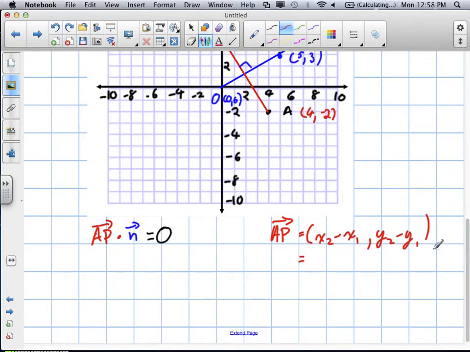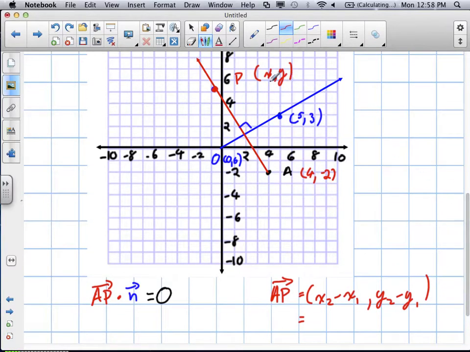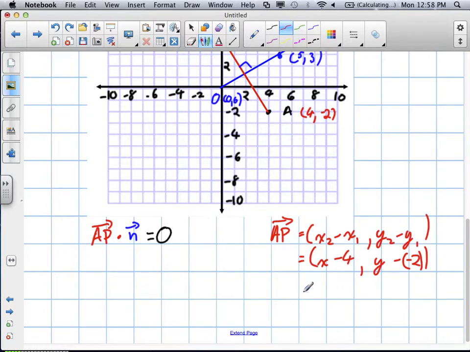Our x2 in this case is going to be the value x of point P. So we have x subtract 4, and y subtract negative 2. So we're going to end up with x minus 4 for our x term, and y plus 2 for our y term.